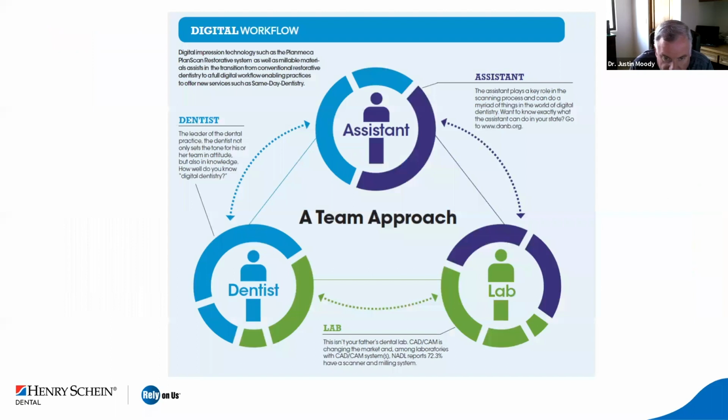Everything travels through the assistant, from setup to breakdown to the procedure itself, to where it's going to the lab, to when we go get the dentist. Because the lab piece could be a physical laboratory off-site that you send these digital files to. That laboratory piece could be an in-office mill or 3D printer sitting on the counter in your own laboratory. And that assistant may or may not even run that portion of this triangle.